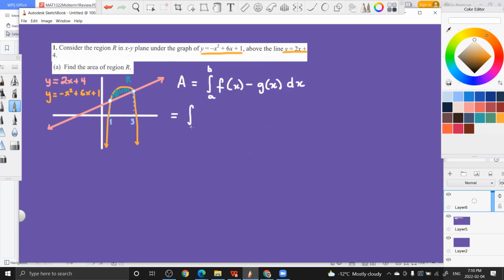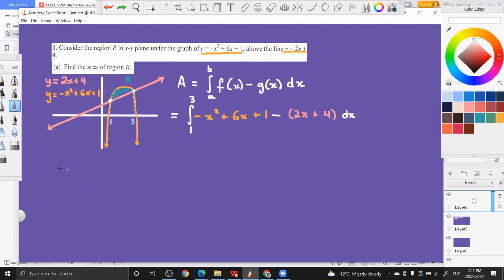We get the integral from 1 to 3 from here to here. And then the top function is the yellow function. So negative x squared plus 6x plus 1. Then we minus the lower function. That's going to be the pink one. 2x plus 4 dx.